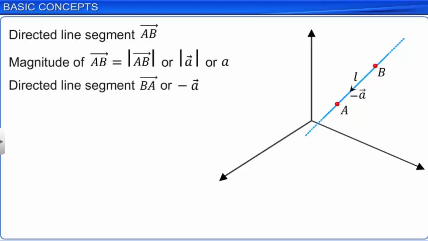In this case, the initial point is B and the terminal point is A, and vector BA is equal to minus vector AB. Note that the magnitude of vectors AB and BA is the same and equal to the length of line segment AB.